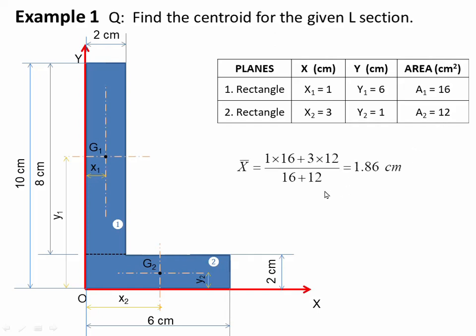Now we have to apply it in the formula. The formula is x bar equals (A1 x1 plus A2 x2) divided by (A1 plus A2). Final answer is 1.86. Similarly, for y bar also calculate the value.